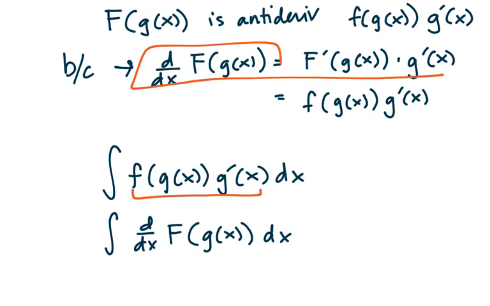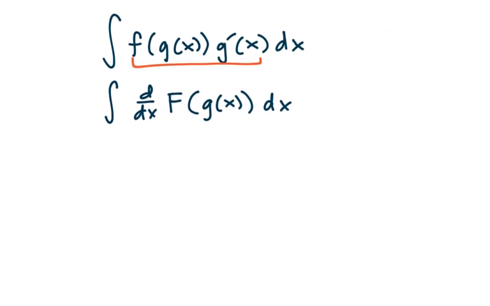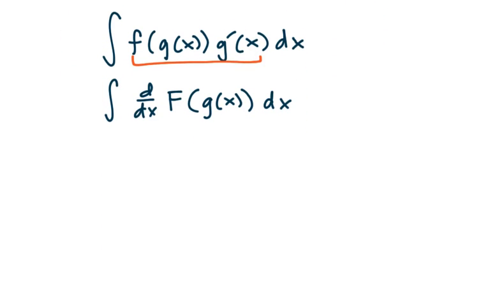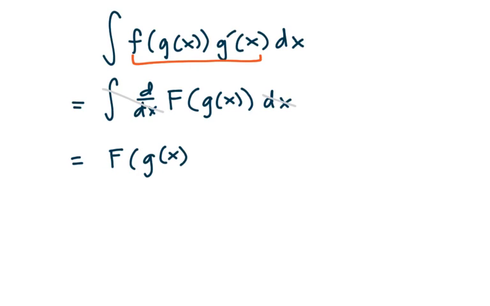Integrating a derivative, those are inverse operations. They're going to cancel each other out. So when the integration and the differentiation cancel out, what we're left with is capital F of g of x plus c, because we were integrating, so we have that plus c.